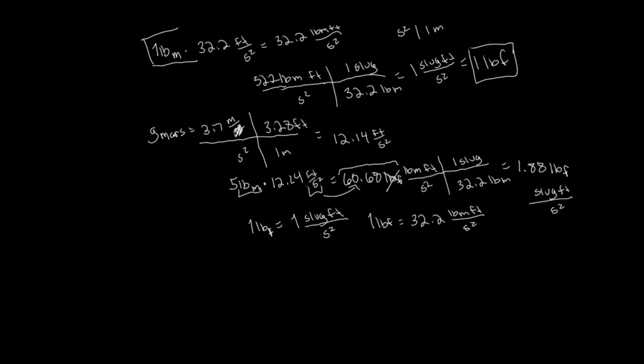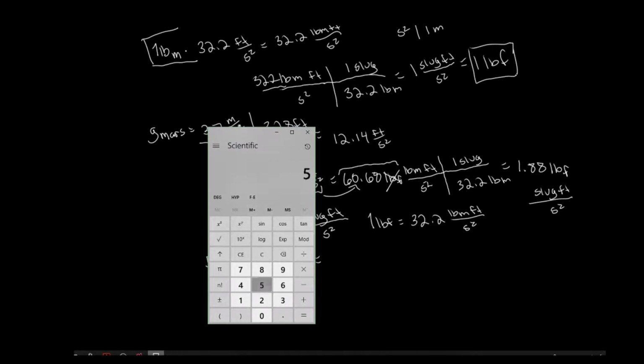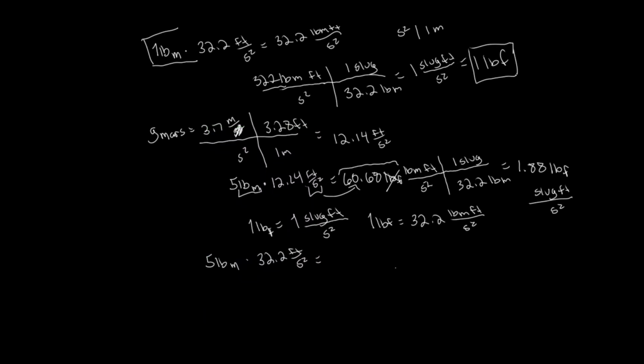Only on Earth, and let's prove it one time, because we proved it up here with 1. Let's prove it with 5. So 5 pound mass, okay, times 32.2 foot per second squared is equal to, and let's multiply that out. 5 times 32.2, 161. 161 pound mass foot per second squared.